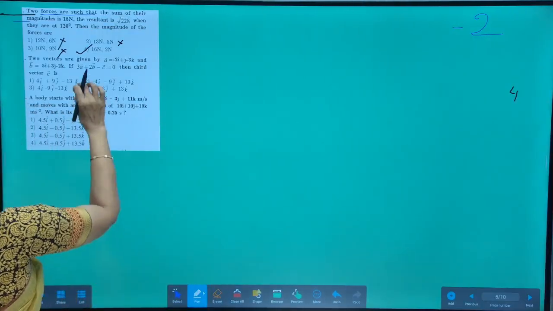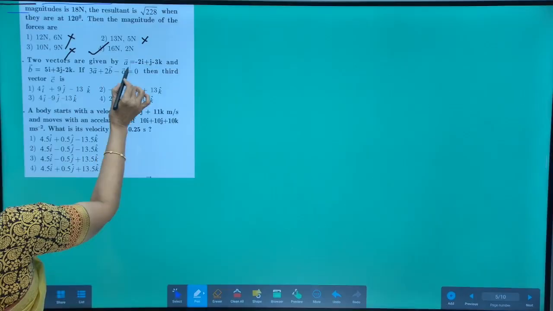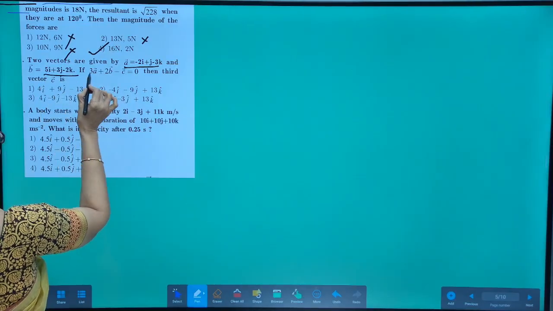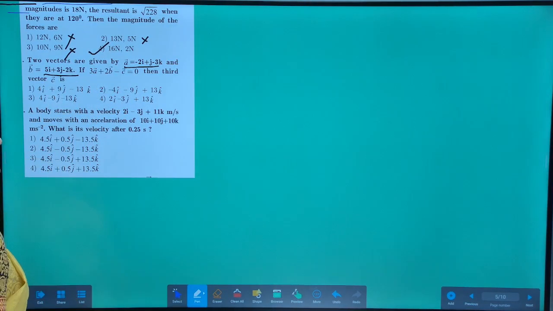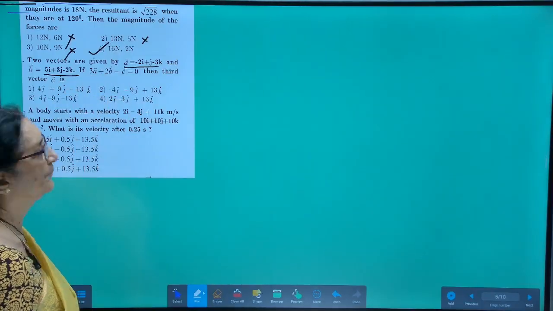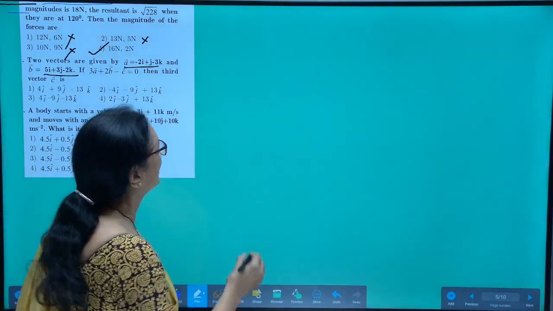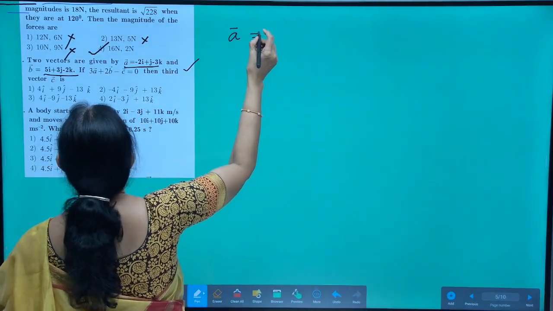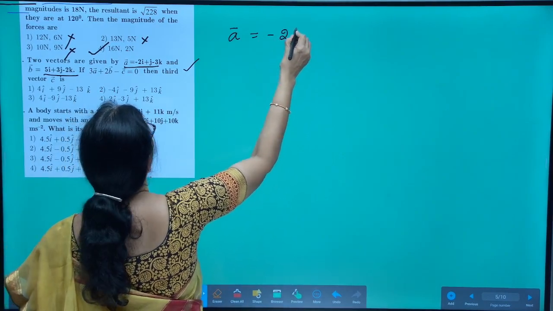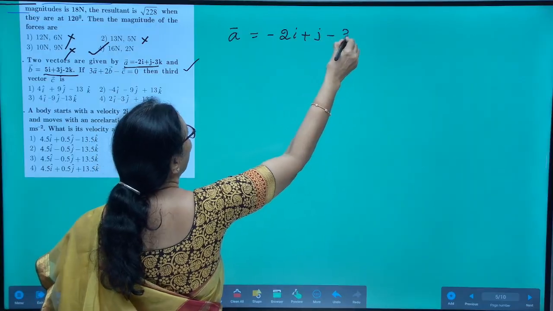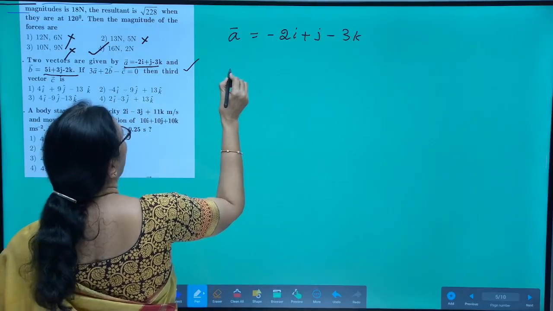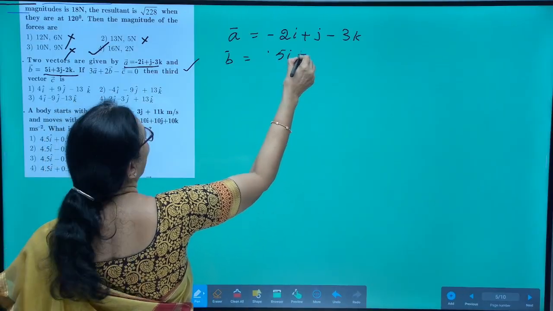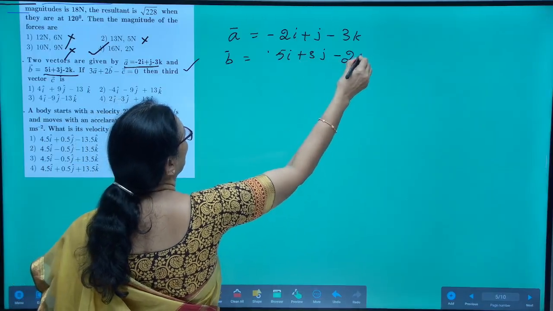Two vectors A bar and B bar are given, and if 3A bar plus 2B bar minus C bar is 0, find the third vector. Here A bar is given as minus 2i plus j minus 3k, and B bar is given as 5i plus 3j minus 2k.